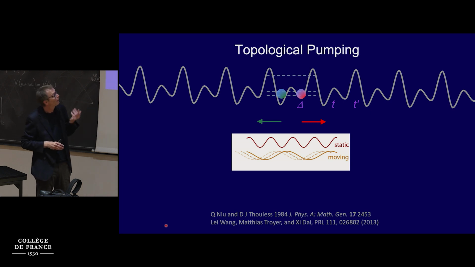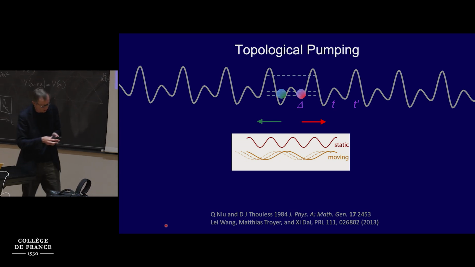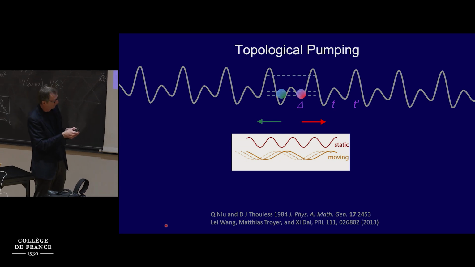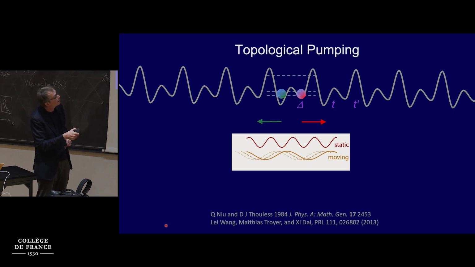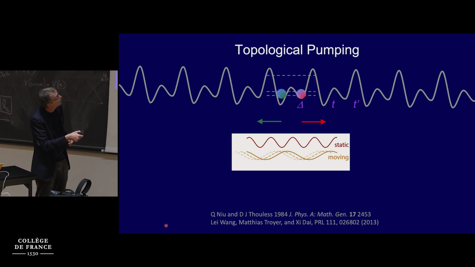One way to implement this is to take a lattice with a short period and a lattice with a double period, and then you move this lattice with a double period with respect to the short period lattice. And this will periodically modulate the site offset.